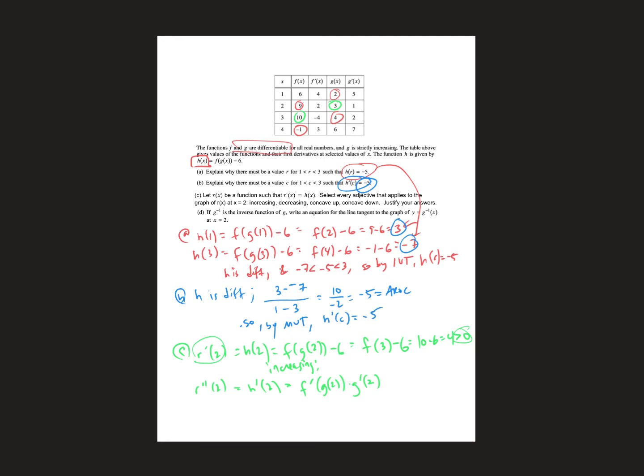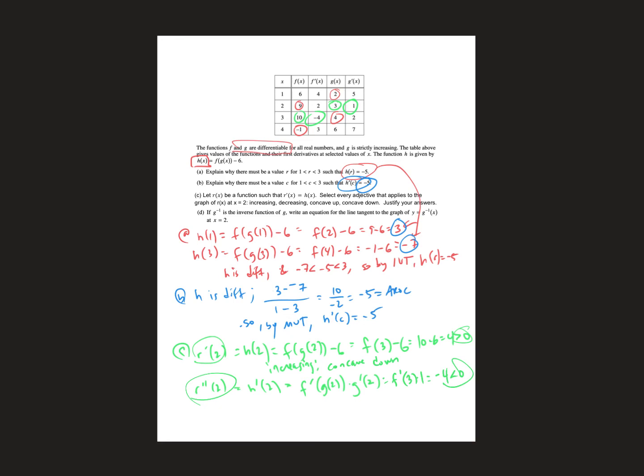So g of 2 is 3. And g prime of 2 is 1. And then f prime of 3 is negative 4. And that's less than 0. So the second derivative is less than 0, so it's concave down.